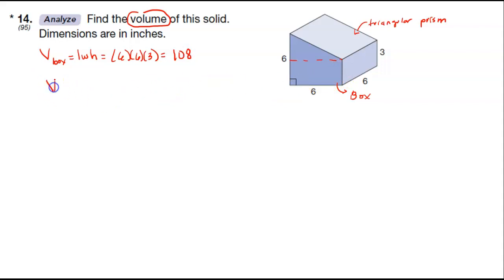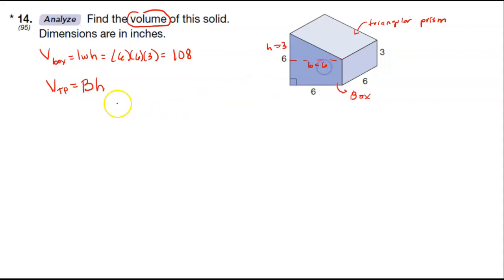If I'm going to take the volume of the triangular prism, that's going to be the volume of this base triangle times the height, which is 6. If this whole thing is 6, and this is 3, that's 3. So that's going to be my height for my triangle, and this is going to be my base.